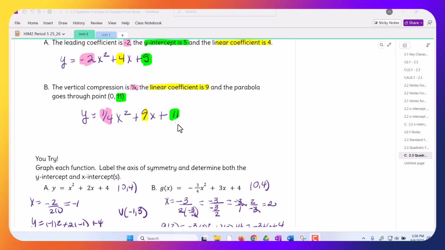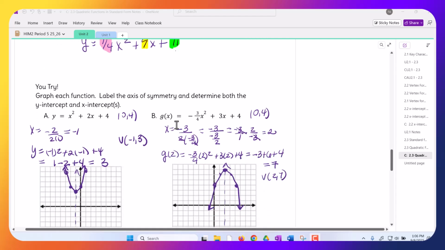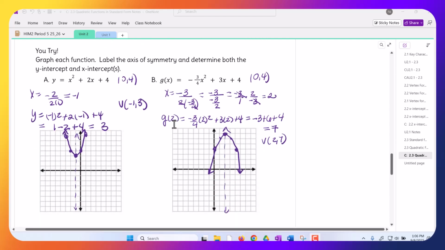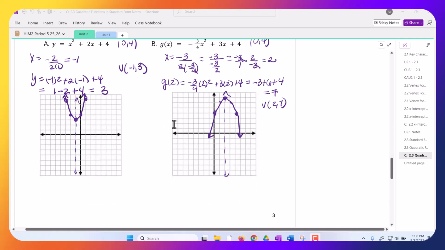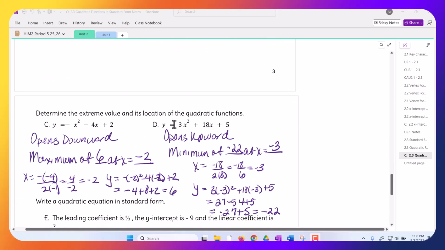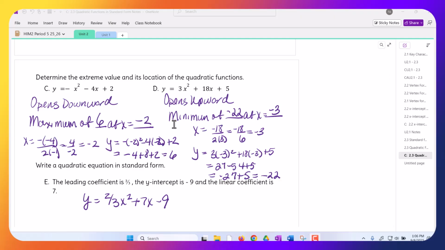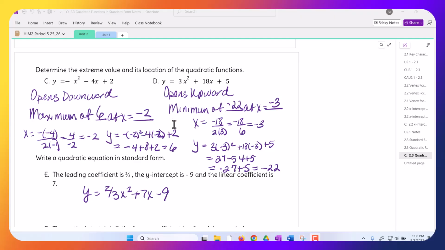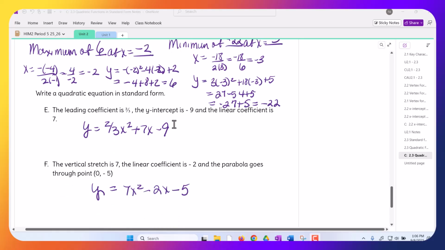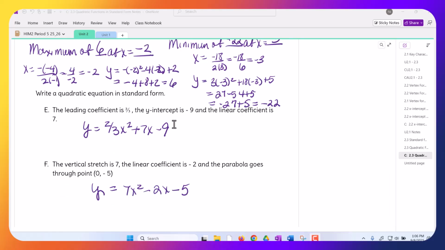Now there are some for you to try, so go ahead and pause the video and then check your work with what I have here. So we'll do 2 graphing, 2 analyzing our quadratic function in standard form to get our extreme value, and then 2 where we're going to use given information to write our quadratic function in standard form.